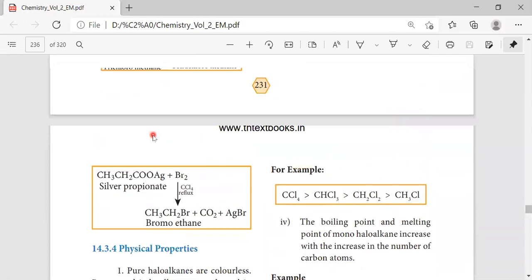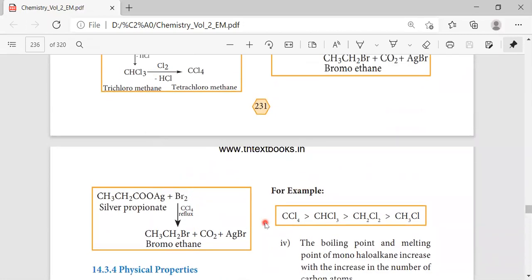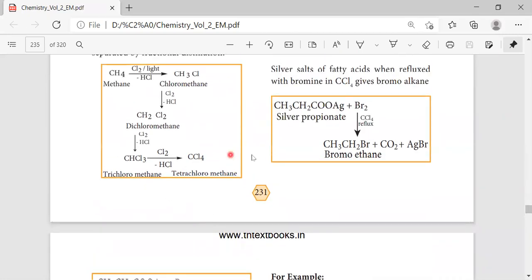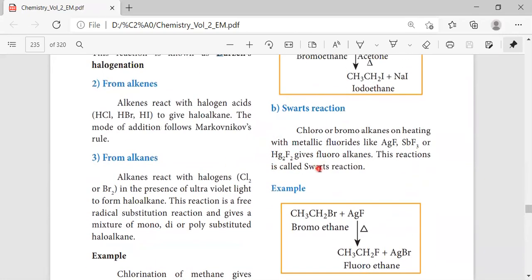Now, here another example, silver propionate and bromine on refluxing with carbon tetrachloride, we get the product as CH3CH2Br and CO2 gets removed here. From this CO2 is removed and then one Br attaches to this Ag so that it is eliminated as AgBr, right? These are all the different methods of preparing haloalkane.